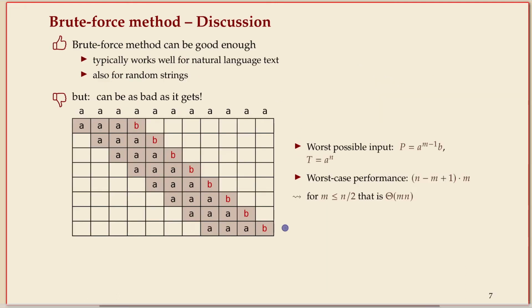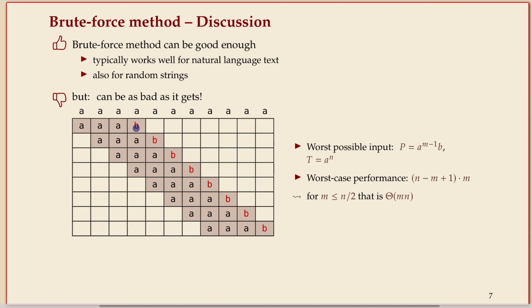And the reason is this example. So I said the good thing already about it. It's easy and it's not always bad, but it can be quite bad. In this example, the text is quite boring, and also the pattern is fairly boring, but nobody stops your users from checking patterns, string matching with these inputs.